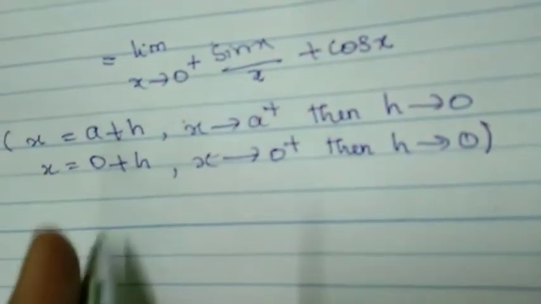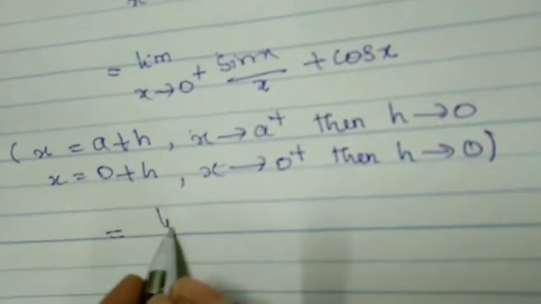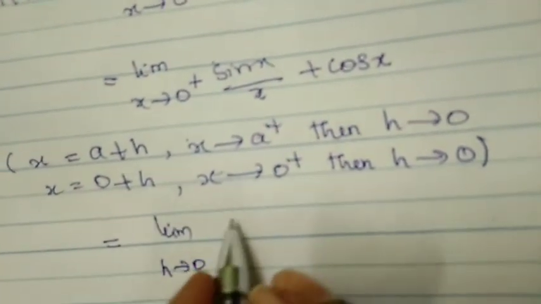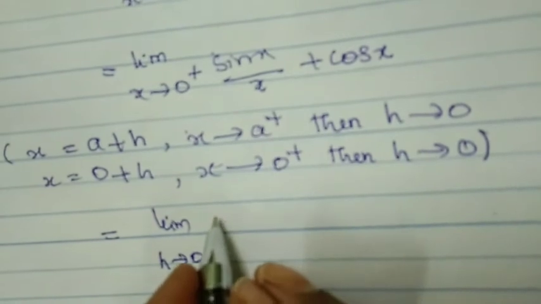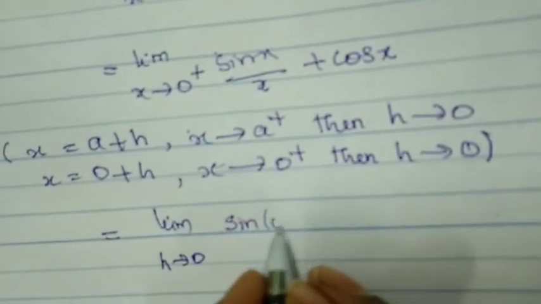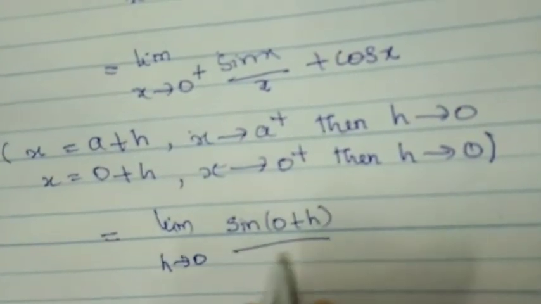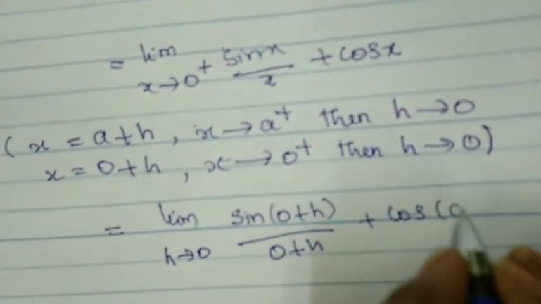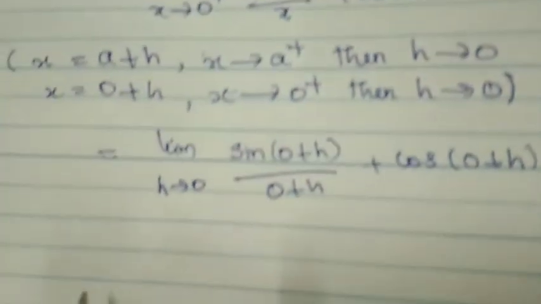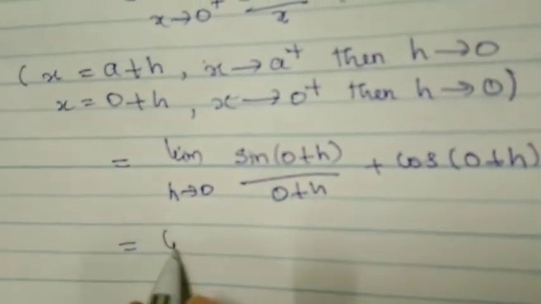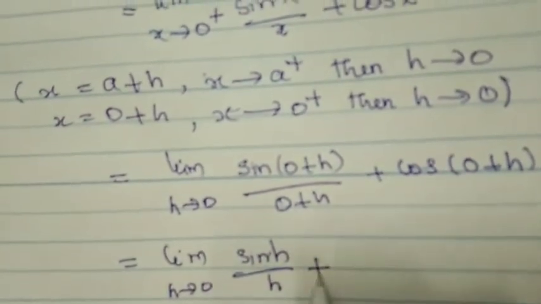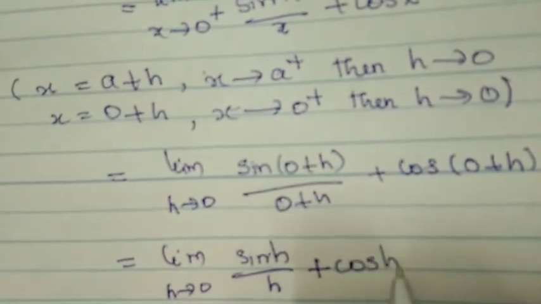Applying the values, we get limit h tends to 0 of sin of (0 plus h) by (0 plus h) plus cos of (0 plus h), which is limit h tends to 0 of sin h by h plus cos h.